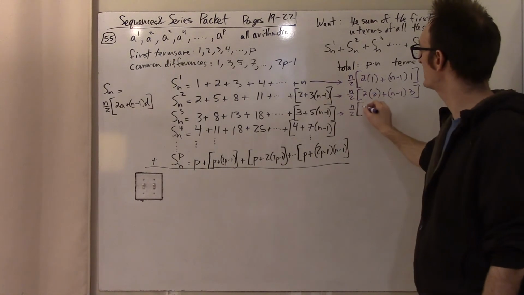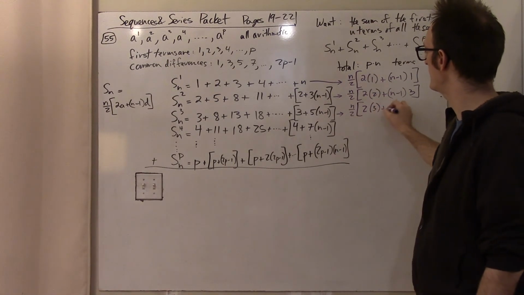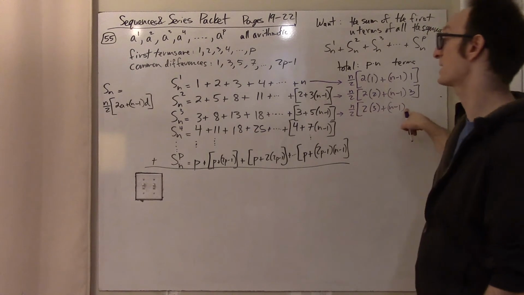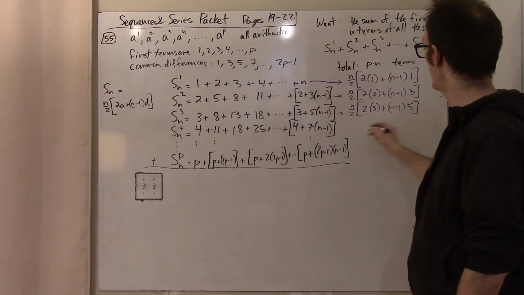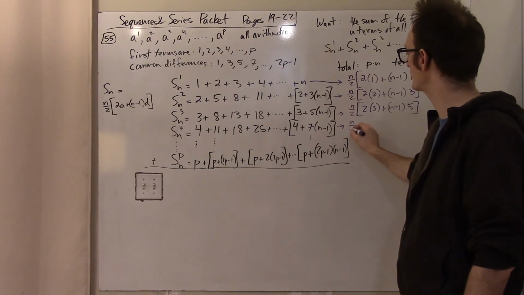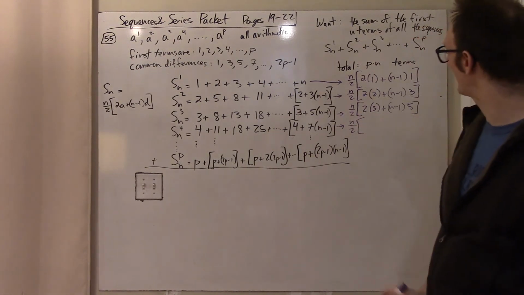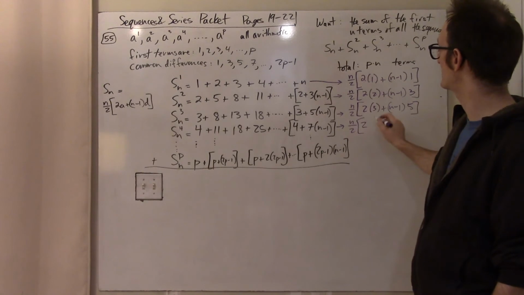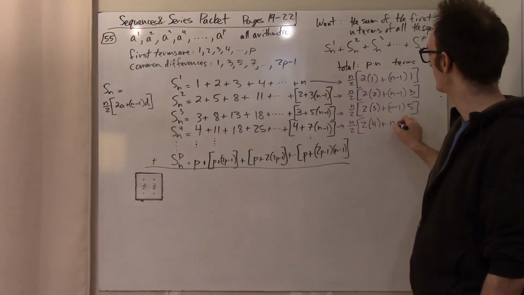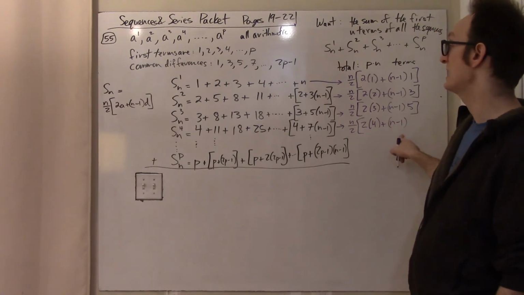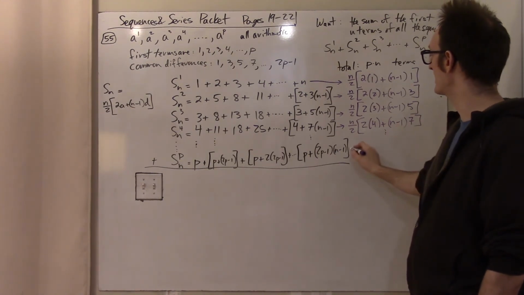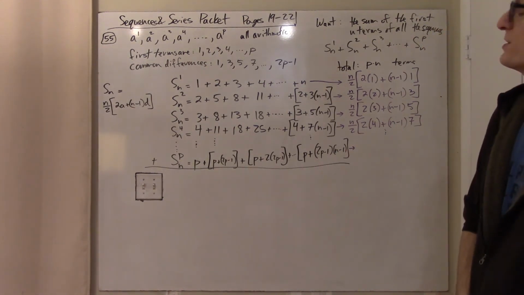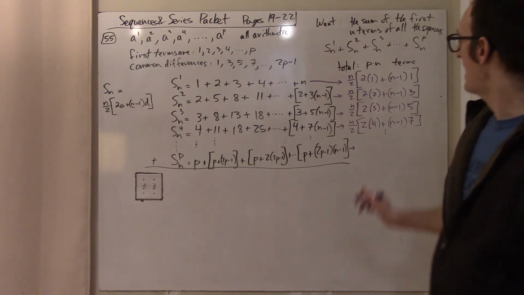Well, it's going to be twice the first term, so twice 3, plus n minus 1 times the common difference, which is 5. And, alright, you know, with repetition comes understanding or something. Now this is going to be twice the first term, so twice 4, plus n minus 1 times d. d is now 7.